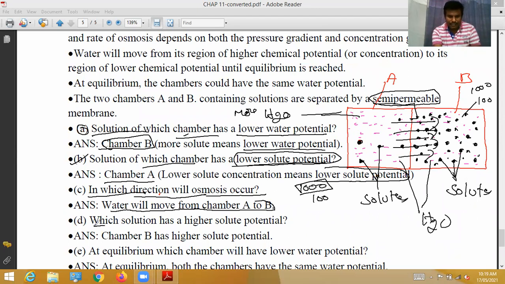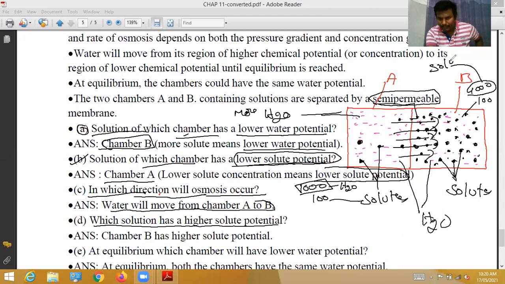Okay. Next, which solution has higher solute potential? Here I wrote 1000 water molecules, 100 solutes. Here 1000 solutes, 100 water molecules.